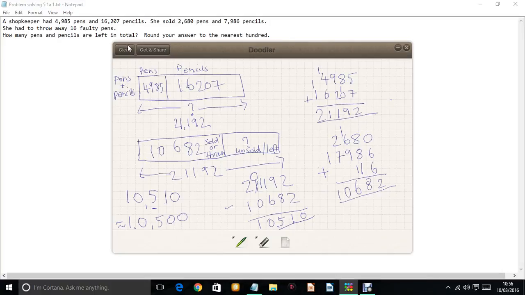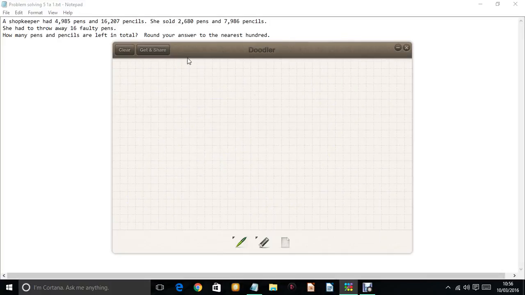Okay, I'll show you another way I could have modelled this or drawn this, and that was to treat the pens and pencils separately. So let's draw another block. This is pens. First I'll put in how many I sold. I sold 2,680.